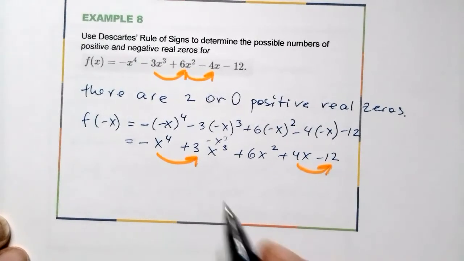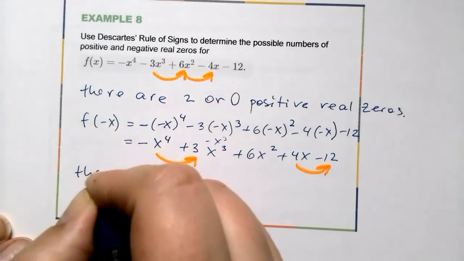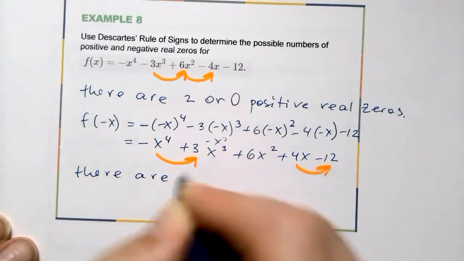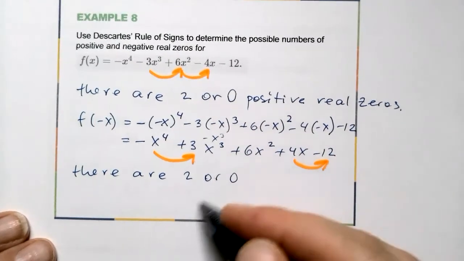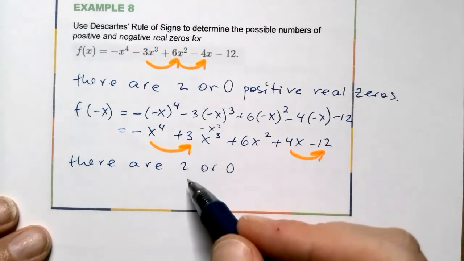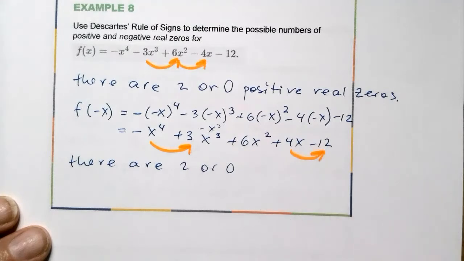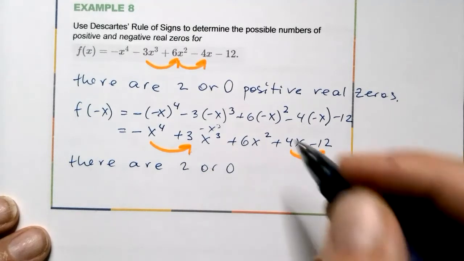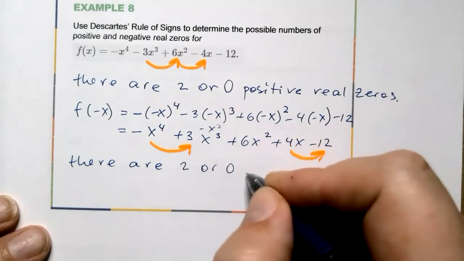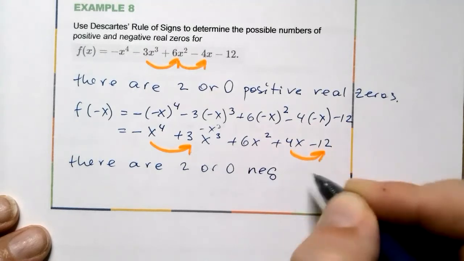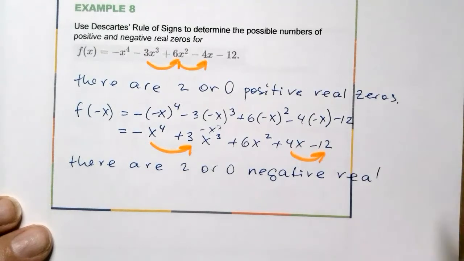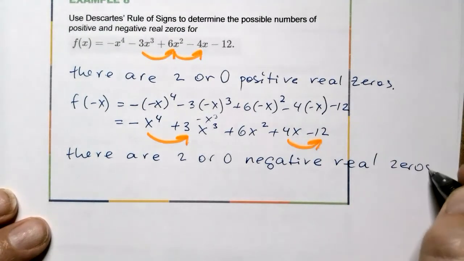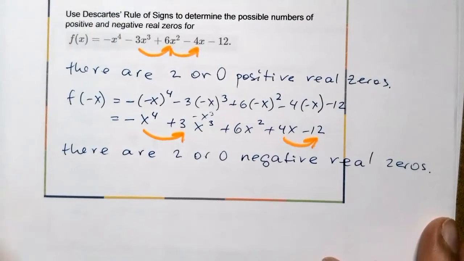And so we conclude that there are either 2 or 0, again less than this number by 2, or 4 or 6 if this number is high. So 2 or 0 negative real zeros. Okay, so that's easy, but now let's talk about something else.